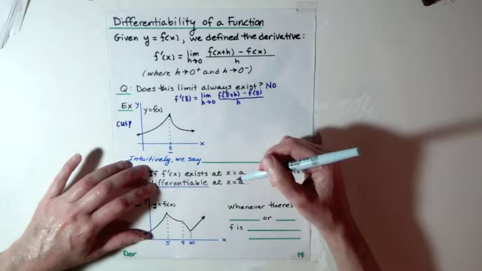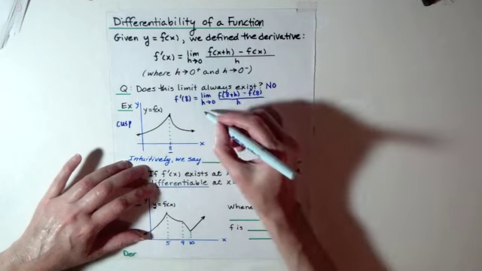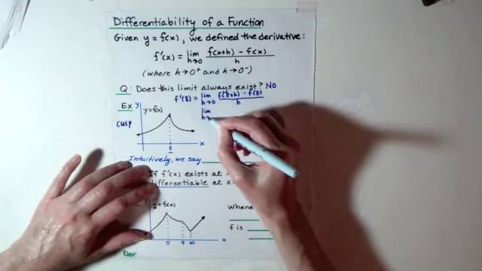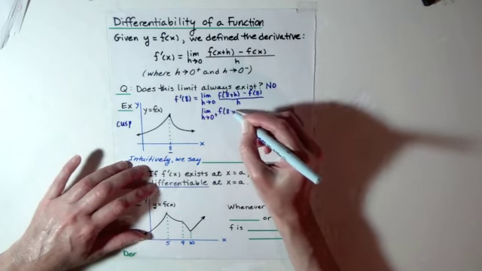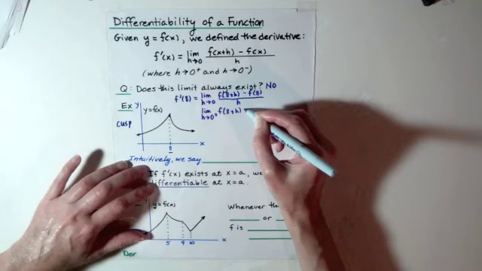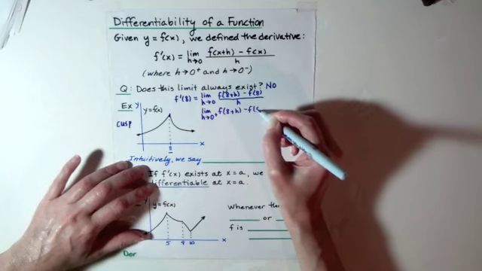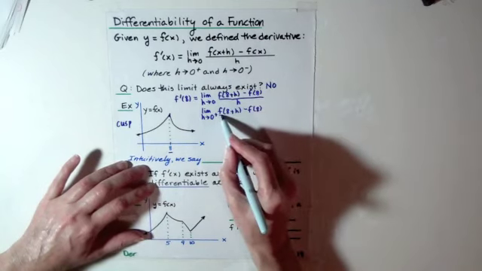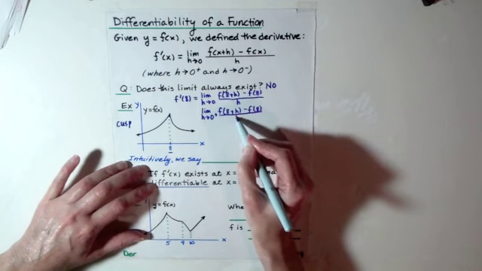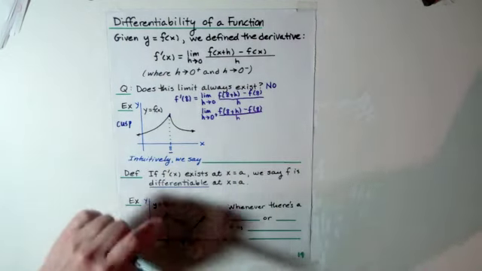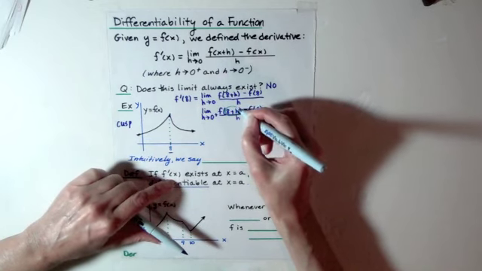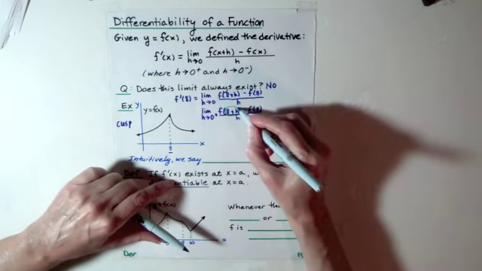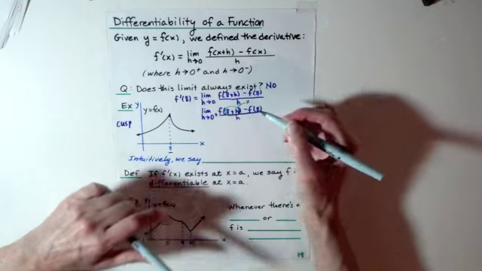Well, why would we have a problem? What I'd like you to do is first consider the limit of this expression as h approaches 0 from the right. And if h is approaching 0 from the right, remember that h is greater than 0. In other words, h is some positive value. So if you look at 8 plus h, you're taking 8 and adding something positive to it. Think of that as your x value.